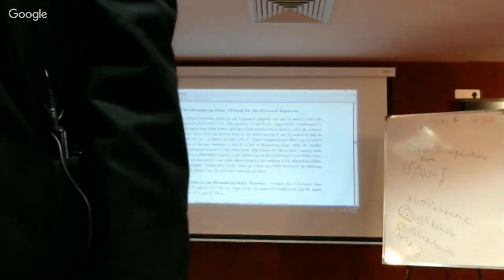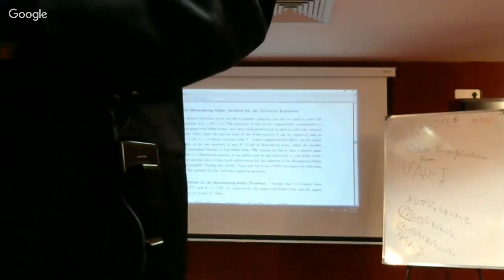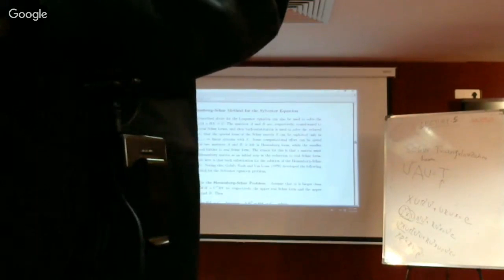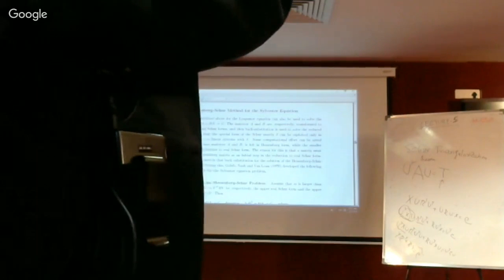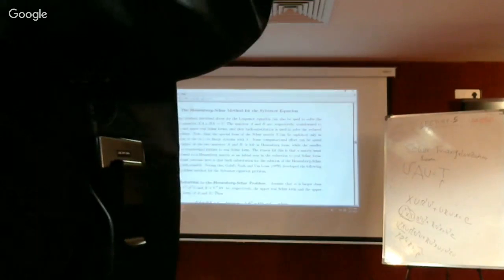Now, if you do n iterations, each iteration will cost about order n cubed operations, and it will be a really expensive algorithm. The complexity will be order n to the 4.